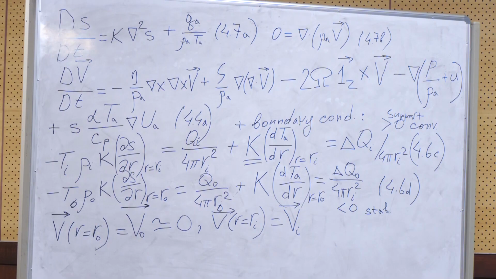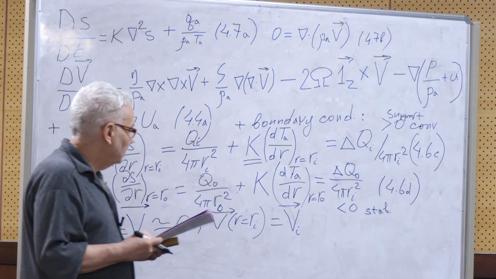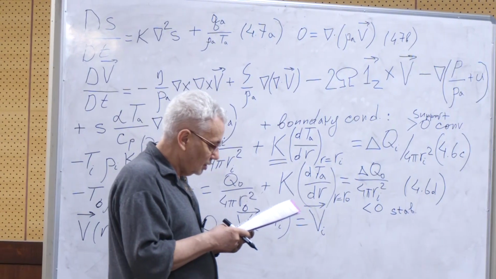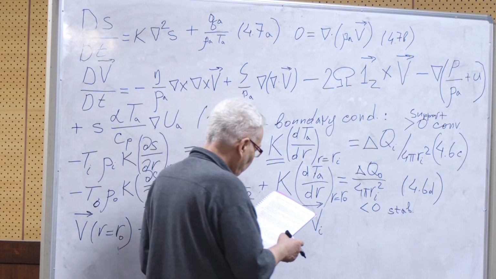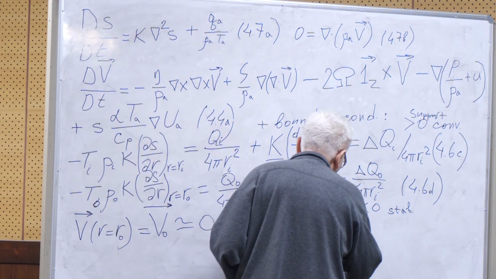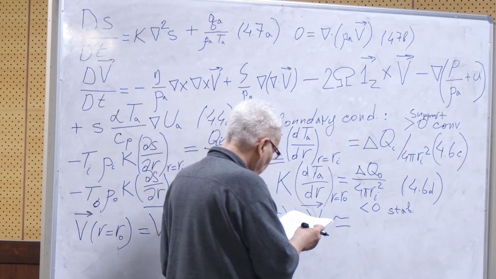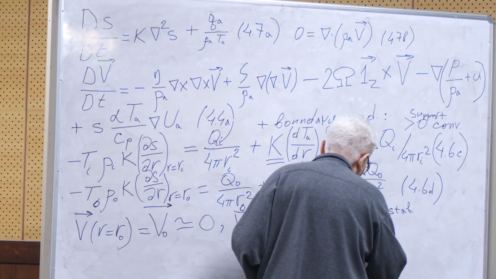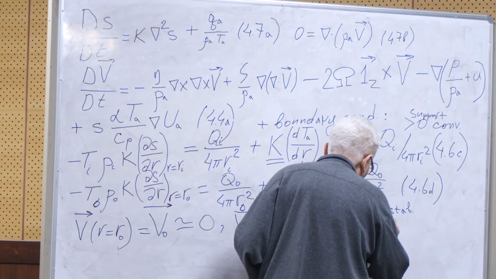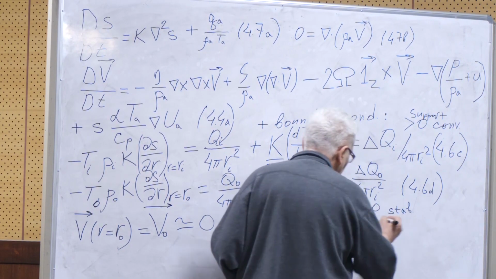So to make the right things, of course we should take into account this value, but of course it's not so big, and in spherical coordinate system it can be written like that.